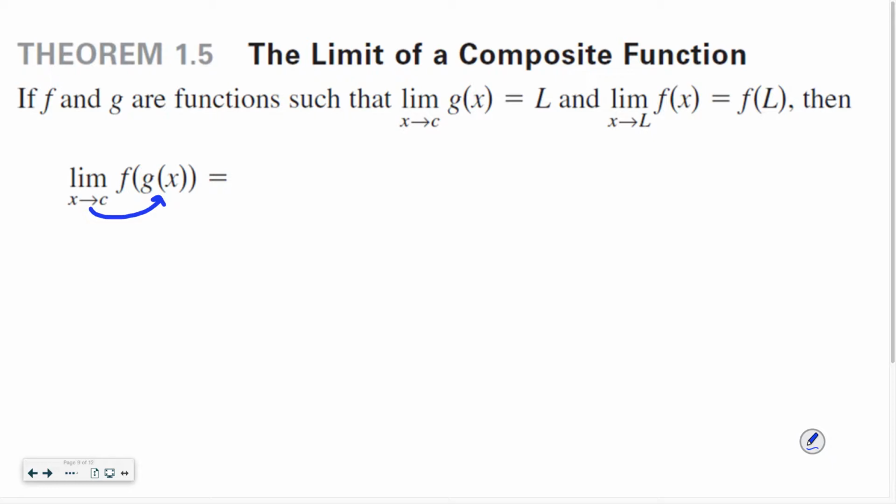So whatever your outcome is, you're going to take that outcome and you are going to take that limit for f. And then that's going to give you some sort of value. Okay? So you're going to evaluate the limit of the inside function, and then that outcome gives you where you need to evaluate the limit for the outside function.